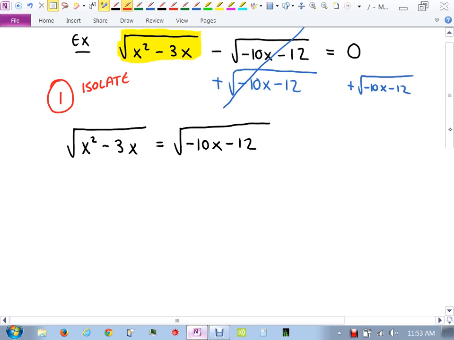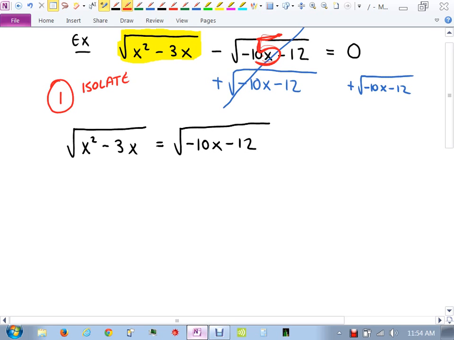Yes. So why did you add square root negative 10x minus 12? Well, let's imagine that this whole thing right here was the number 5. Okay, that whole big square root was 5, right? So it said minus 5. Wouldn't you add 5 to both sides? That's exactly what I did, but it's not 5, it's the whole root.